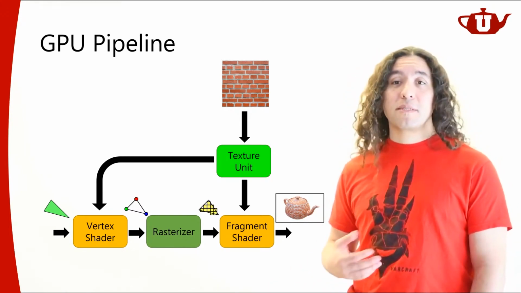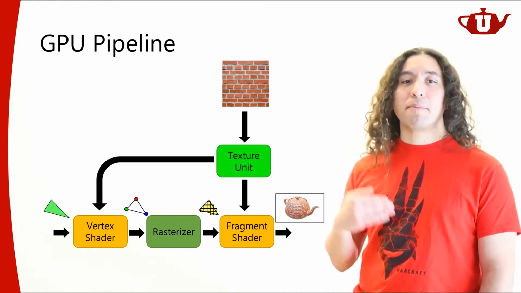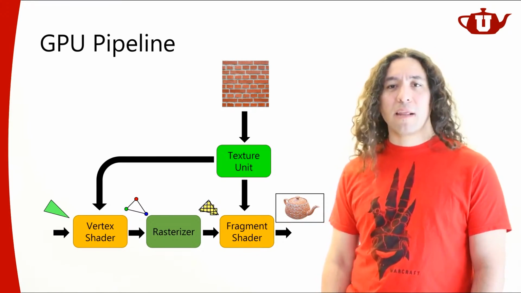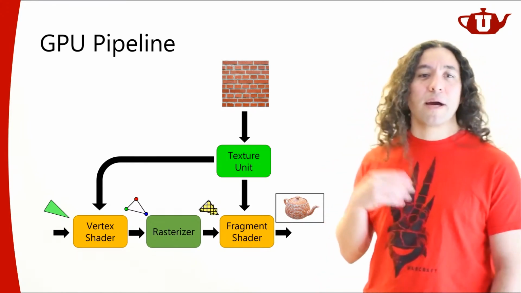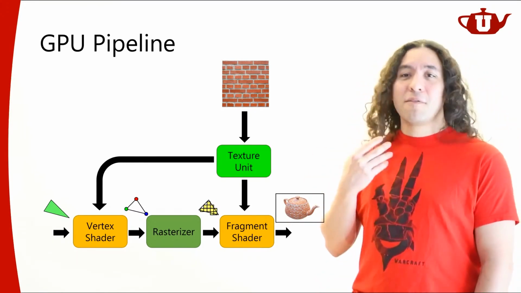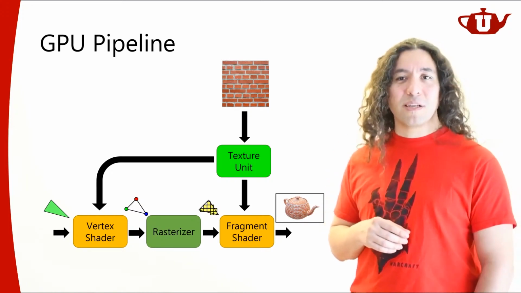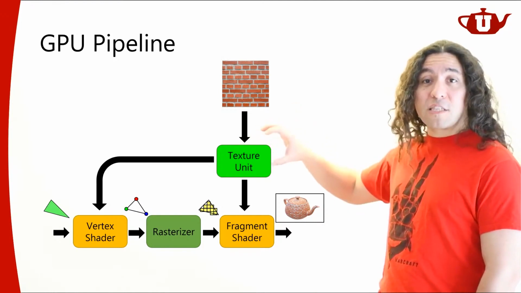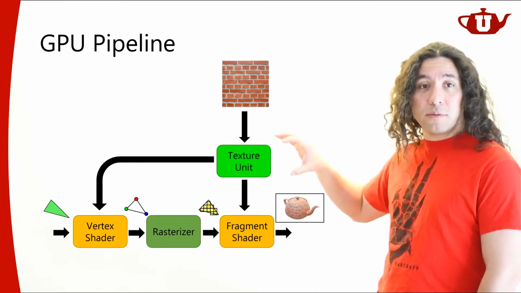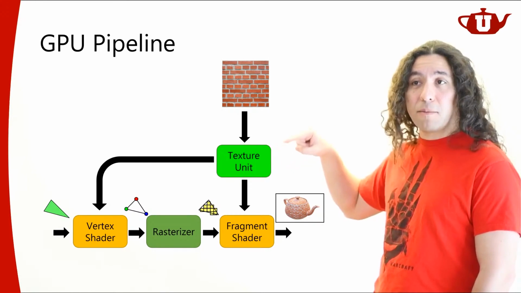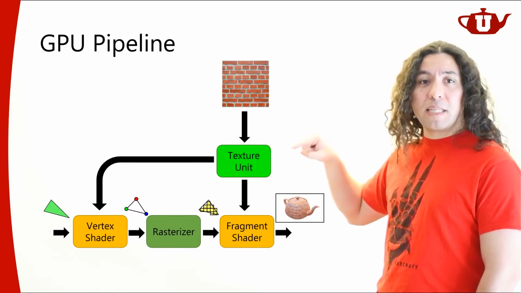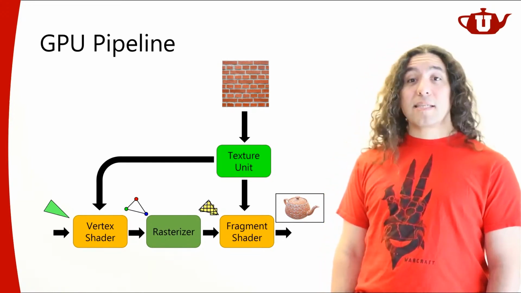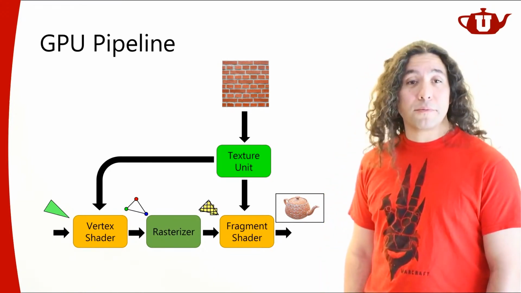And using those screen space derivatives, it will figure out which mip-map level it's supposed to use. And if it has to use anisotropic filtering, it will figure out how to do anisotropic filtering for that particular set of screen space derivatives, and it will do the correct anisotropic filtering for you. So all of this complex filtering stuff that needs to happen will be done by this guy over here, completely automatically, and you won't need to worry about it at all. That is if you're rendering something on the GPU.